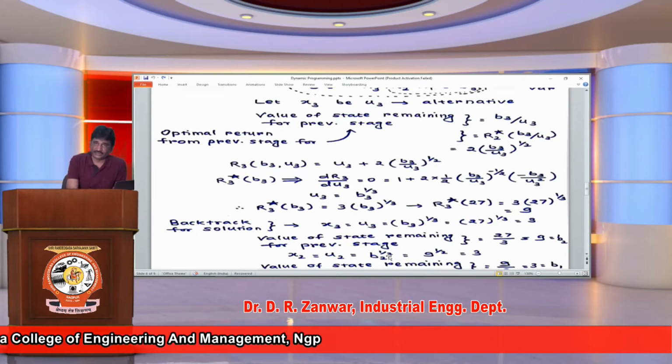This we have established in our second stage. B2 is 9 here, 9 to the power 1 by 2 is 3. That means x2 is 3.